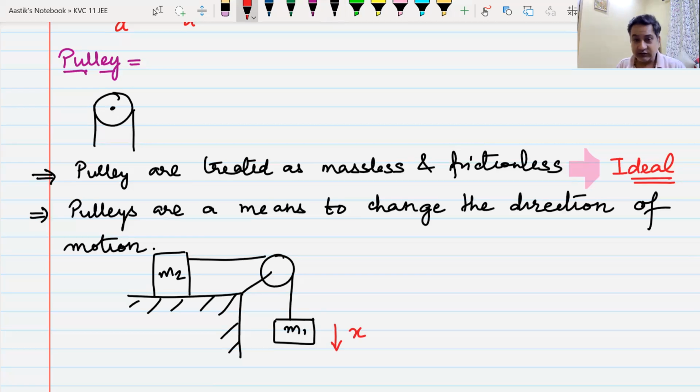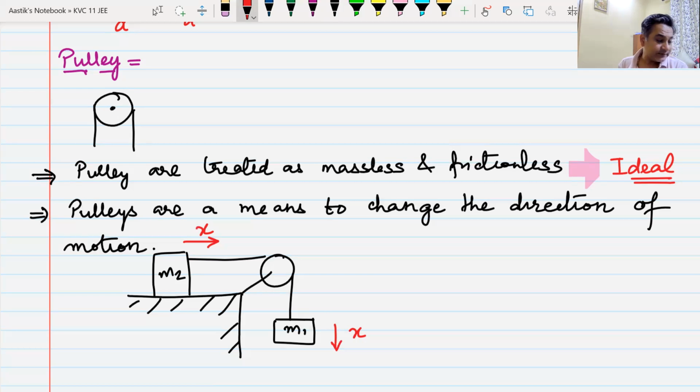It is not going to move down. It is going to move forward. Yes or no? But it is attached to the same string and a string cannot extend. Therefore, if this moves down by X, this will move forward by X. The magnitudes are same, but the directions are different.